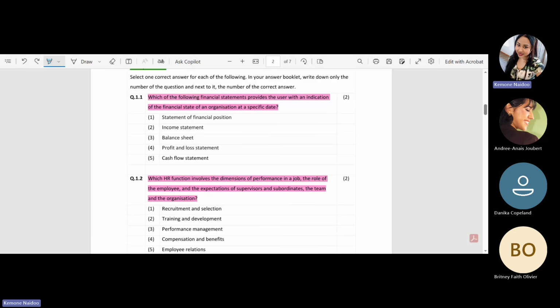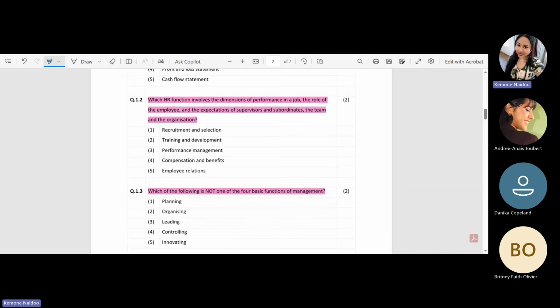Yes, that is correct. Good job. So it is the statement of financial position, which is the first one.